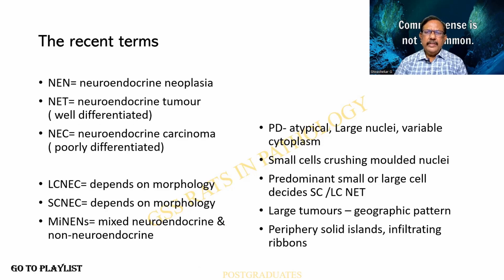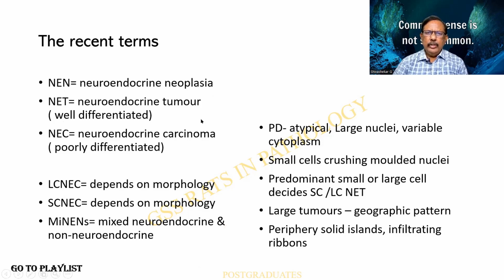Now, what are the recent terms? The recent terms include neuroendocrine neoplasia. Then there is something called neuroendocrine tumor also. And finally, a neuroendocrine carcinoma. I was wondering what the difference between these three is. After all, they all appear to be meaning the same.